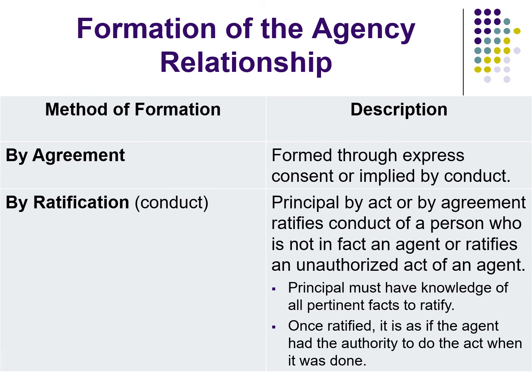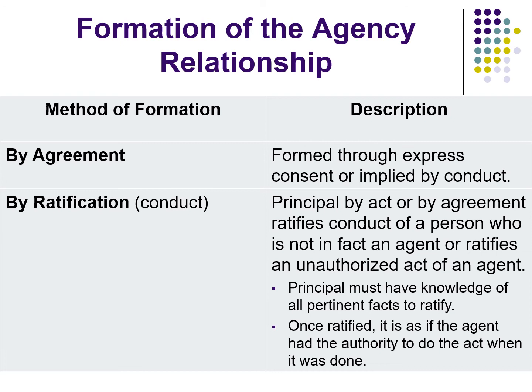So in order for this to happen, the principal must know all of the facts underlying what the agent did. And once they do, as long as the principal knows what the agent did and they don't say anything to set it aside, they don't try to get out of the contract, they don't tell the third party, oh no, my agent wasn't authorized to do that.